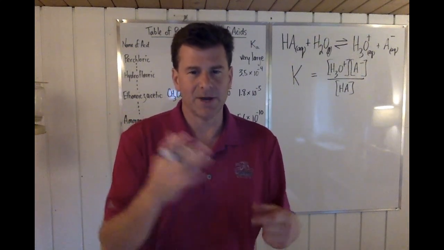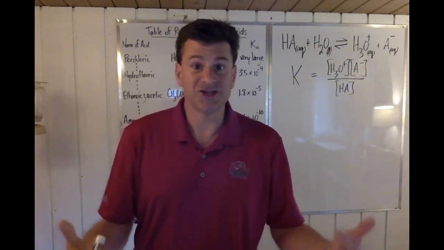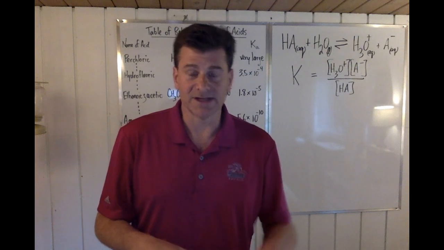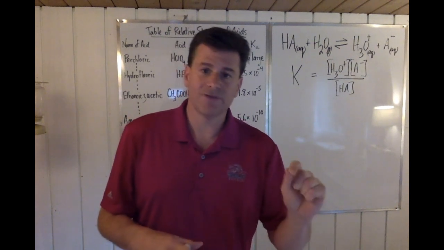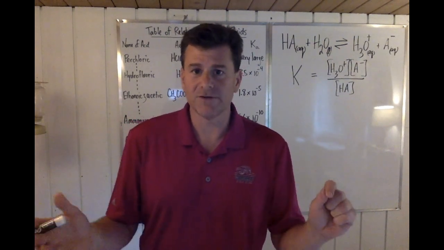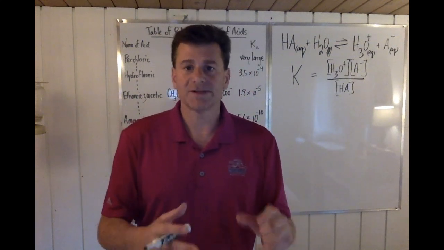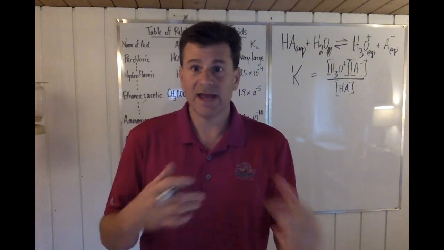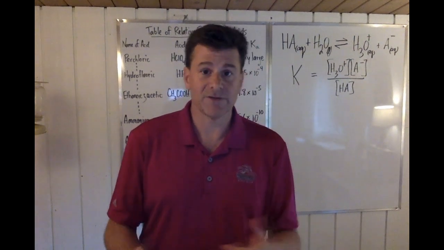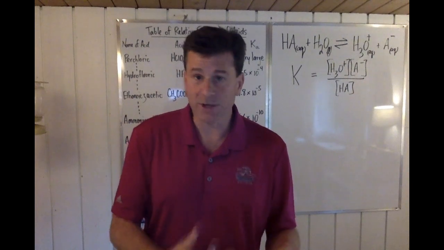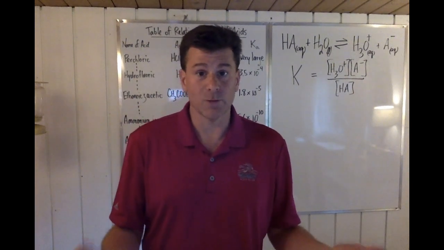Hydronium times the A- divided by whatever the HA stopped at, that's going to be your equilibrium constant. And it's a constant, which means that if you're at the same temperature, say 25 degrees, and you know that constant, it can be used anytime you've got water at 25 degrees and you've dissolved this acid. It will come to the same ratio of products over reactants no matter where you are.